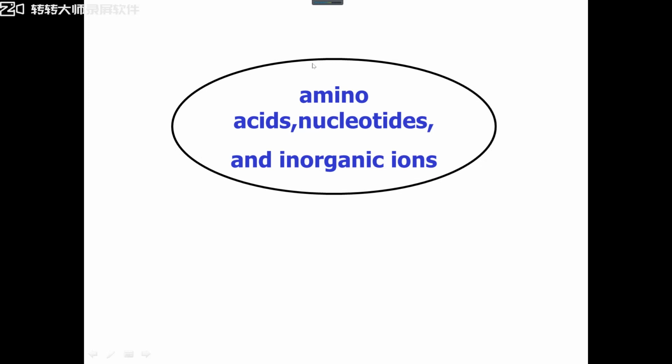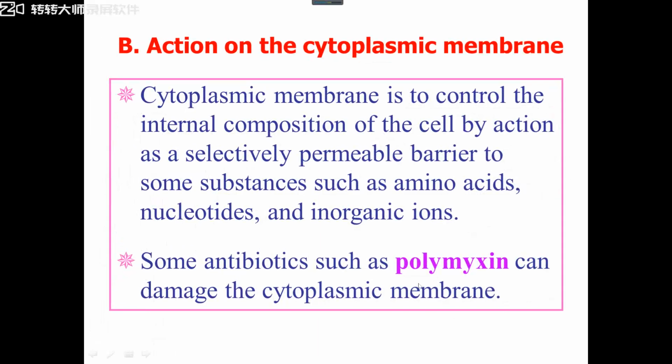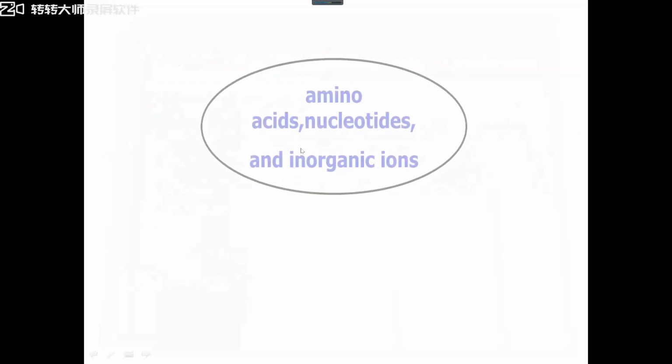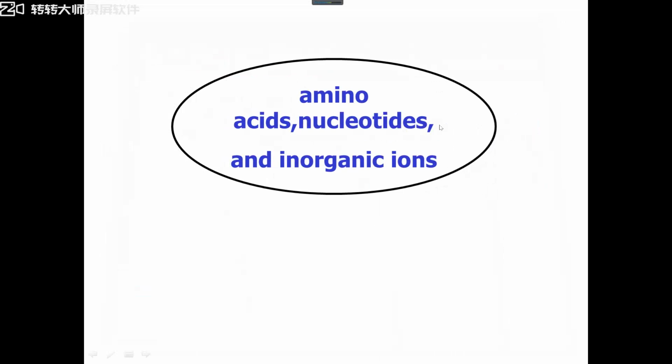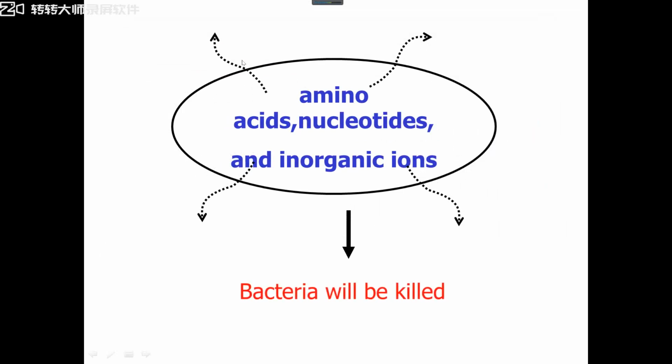The second layer is the cytoplasmic membrane. And just now we explained that some drugs, such as polymyxin, can damage the cytoplasmic membrane synthesis. So when this membrane is damaged, the bacterial amino acids, nucleotides, and inorganic ions flow out, and the bacteria will be killed.